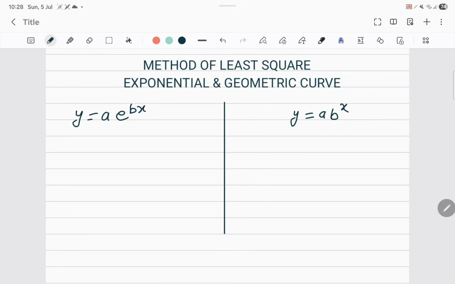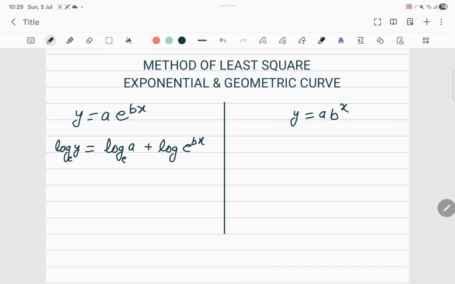In this exponential case, first step I will be taking log. So this will become log y. I will write log, but it is actually ln. So log y, or I will write base e so it is more clear, is equal to log a plus log of e to the power bx.